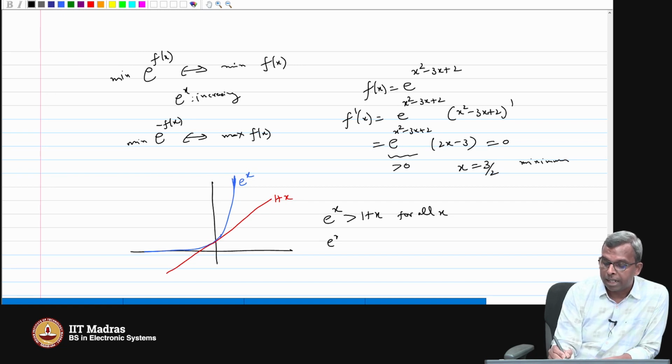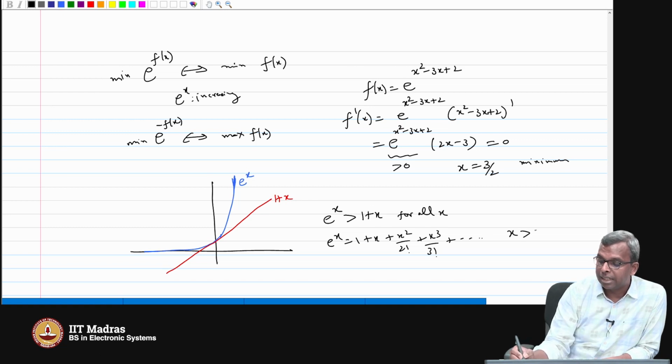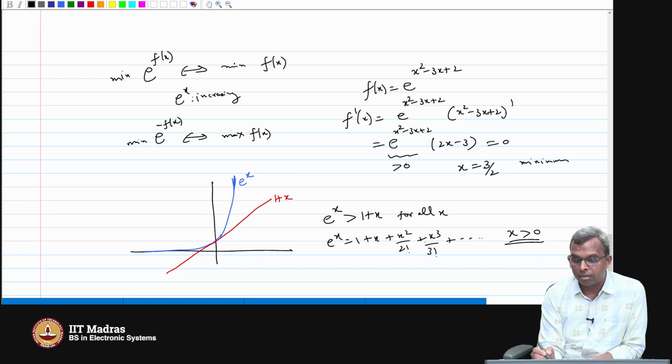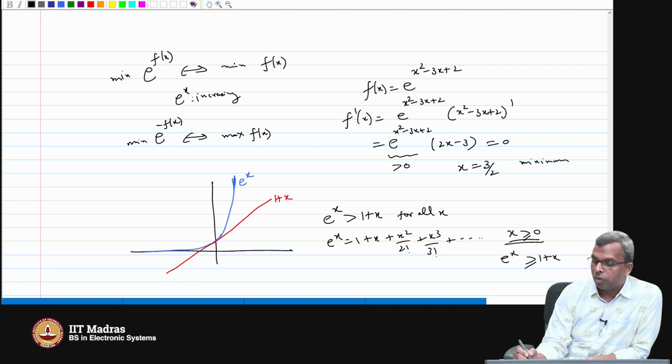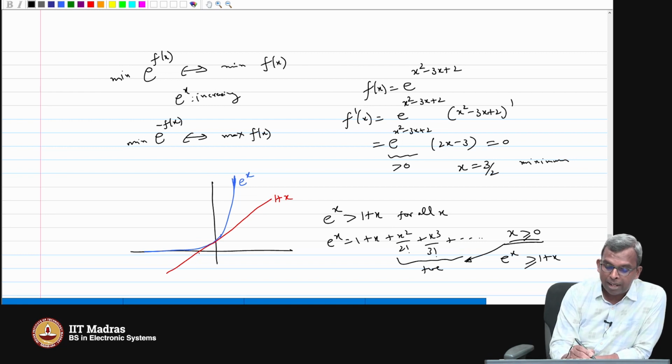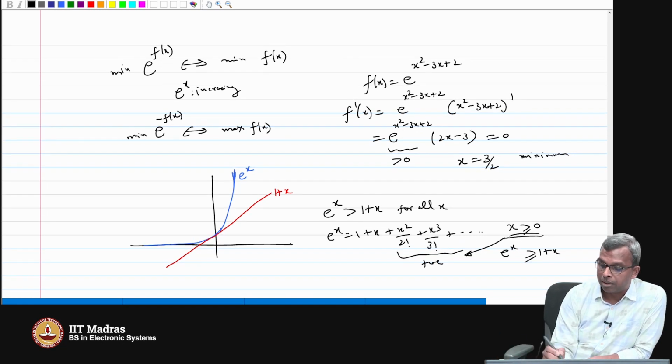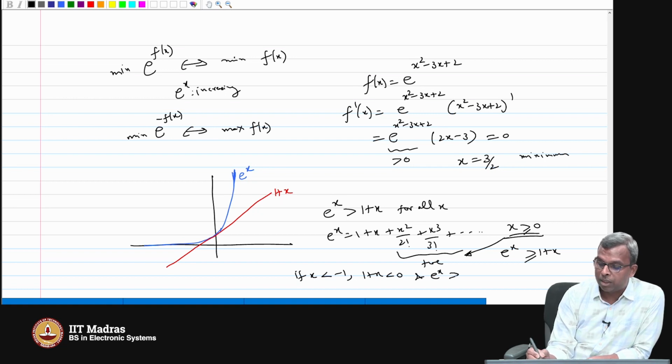Okay. Now, e power x is 1 plus x plus x squared by 2 factorial plus x cubed by 3 factorial, and so on, right. So, for x greater than 0, if x is positive, e power x is clearly greater than or equal to 1 plus x. Why? Because these guys are positive, right. And if x is less than minus 1, what happens? 1 plus x is less than 0 and e power x is always positive, right.